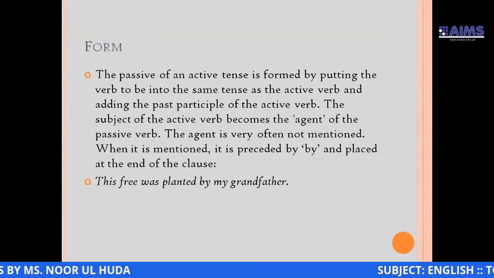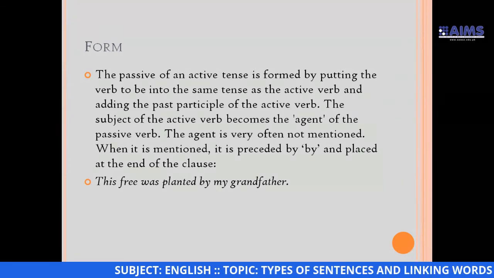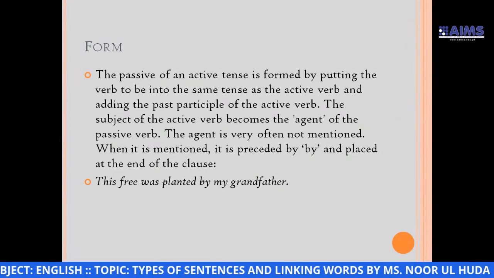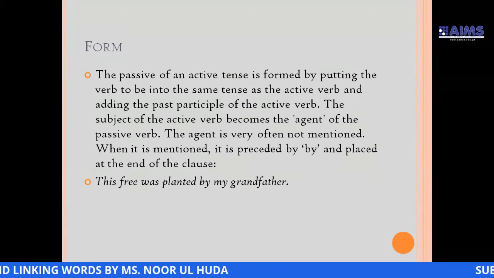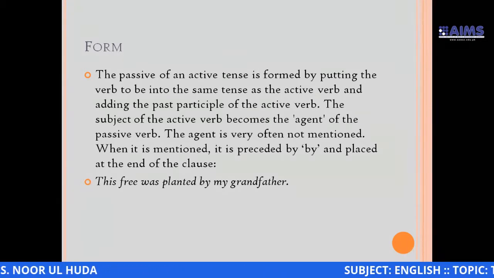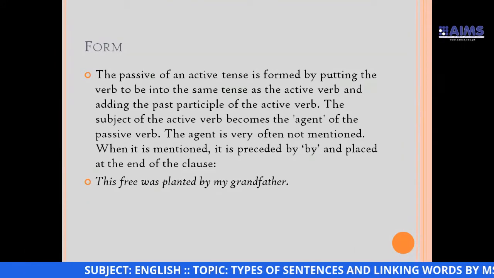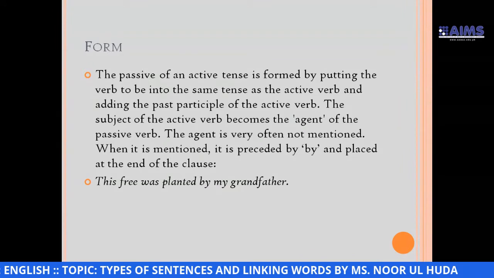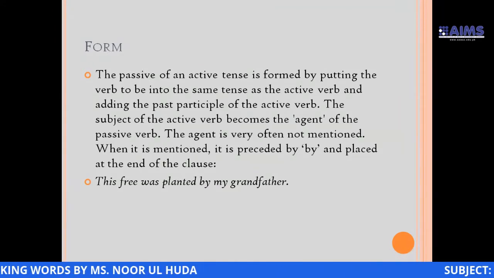The subject of the active verb becomes the agent of the passive. What we do in passive, we change the subject into object and the object into the subject. But when the subject is changed into object, it is no more called an object. It would be called an agent. The agent is very often not mentioned.